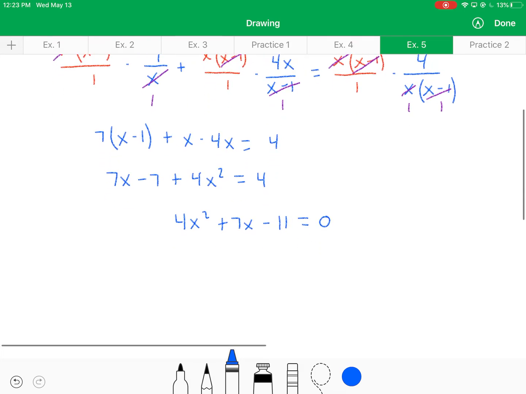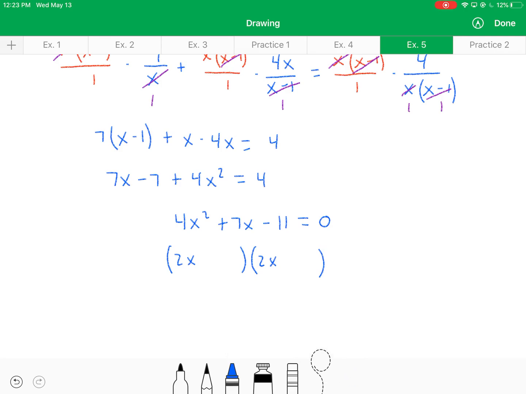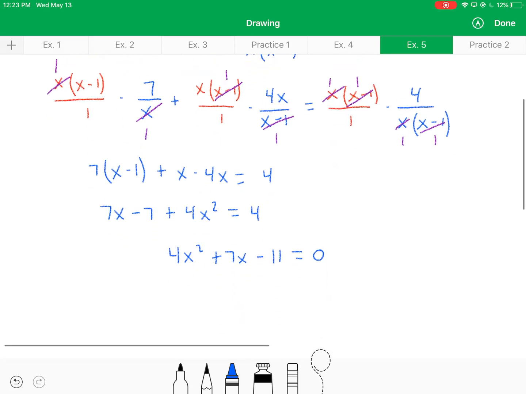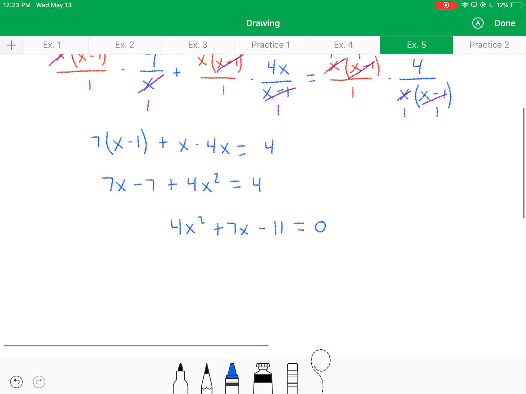Now we have to try to factor that. I'm going to try 2x, 2x. I don't think that's going to work. So let's try a 4x and an x.